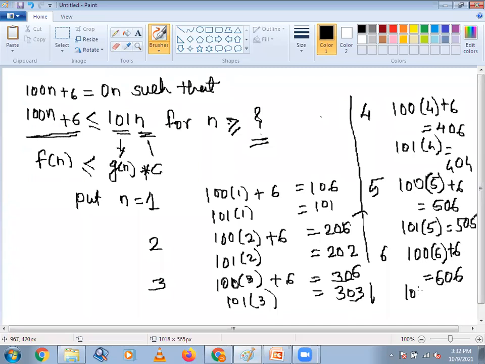And if we put here 6, you will get 606. So here for all n is greater than equal to 6. So here C is 6 or greater than 6.